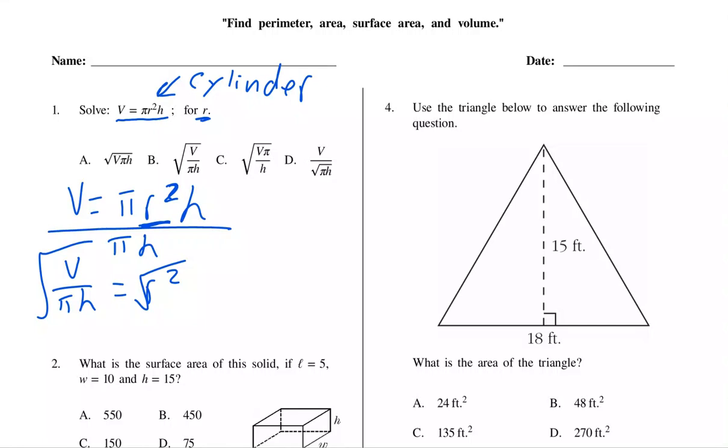When we square root both sides, we get r equals the square root of V over pi h. When we do this, that means that this right here is my answer. So my answer is B. Okay, go ahead and pause and finish up the rest of the problems on this page.